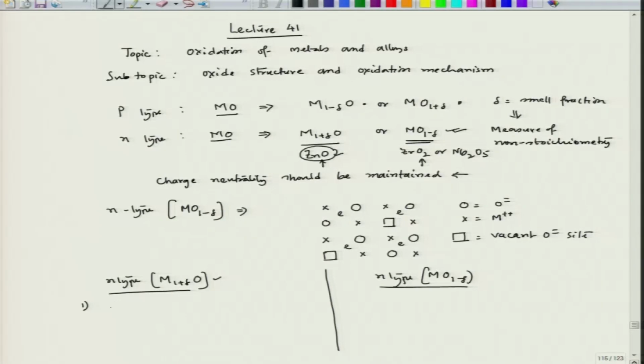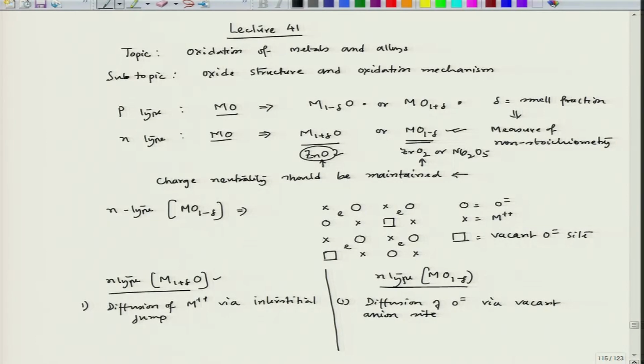So, now the first case is diffusion of M2+ via interstitial jump. Now, in this case it is diffusion of oxygen ion via vacant anion sites.